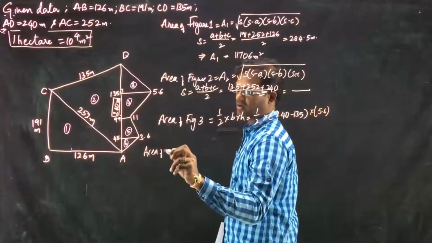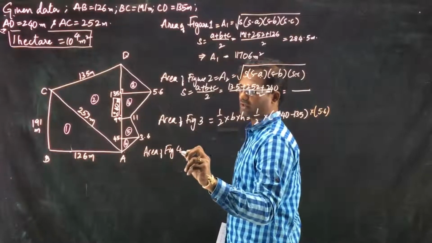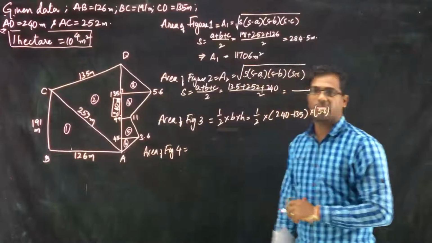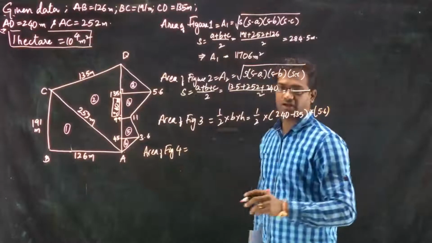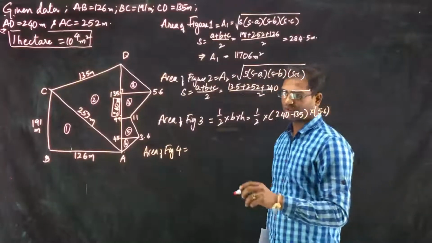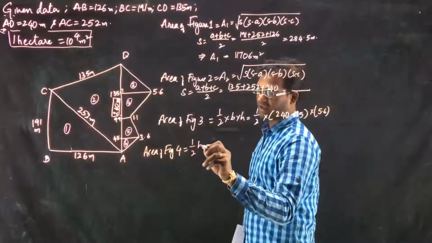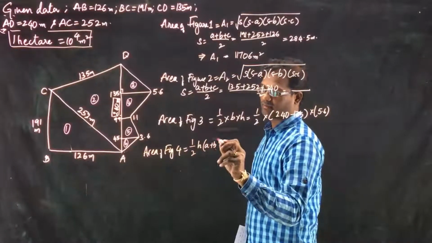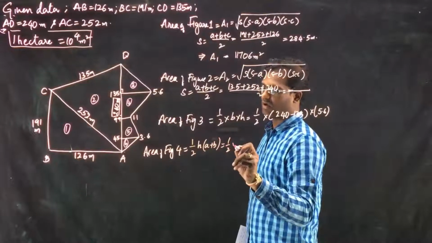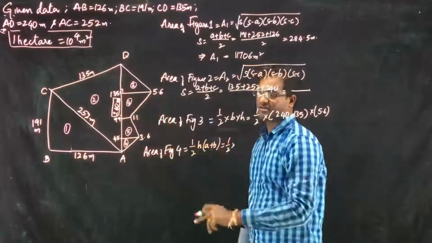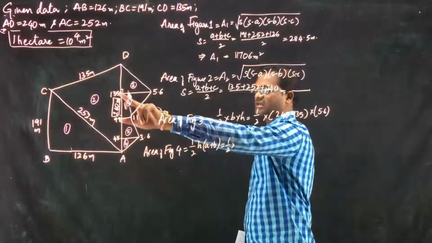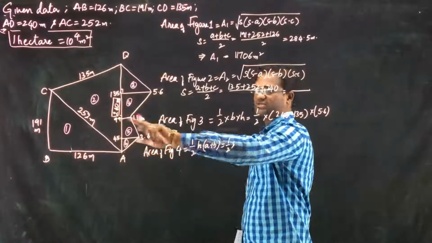Next, area of figure 4 is a trapezium. A trapezium area is given by half h into a plus b. Now this height is given by 135 minus 99, that is, here to here is 135, here to here is 99.